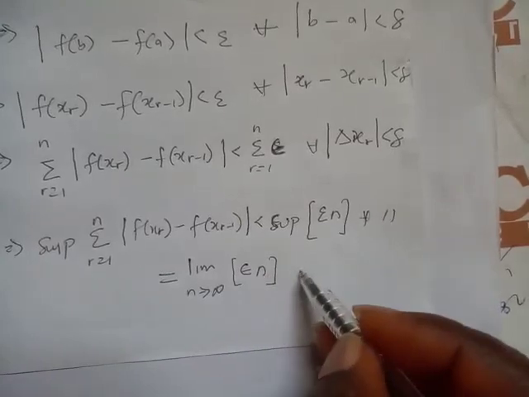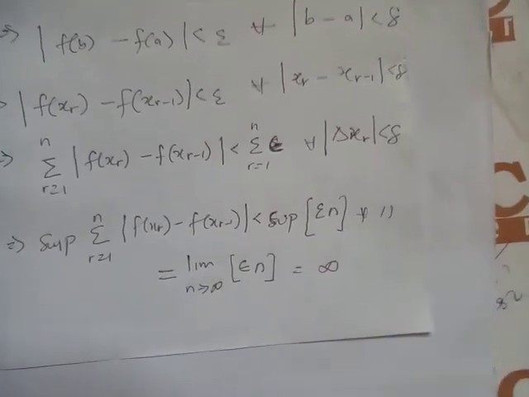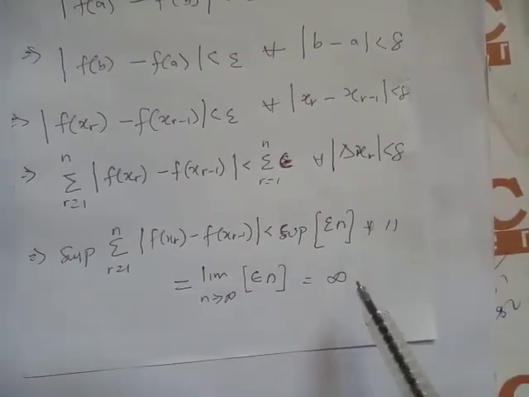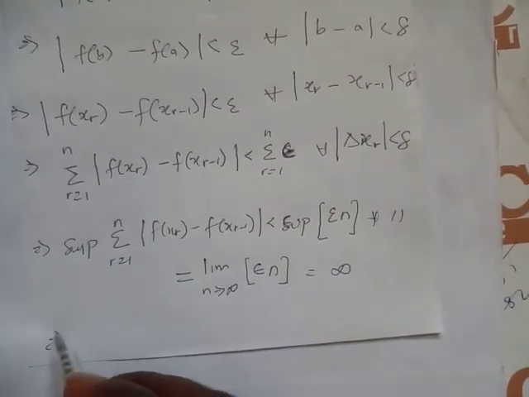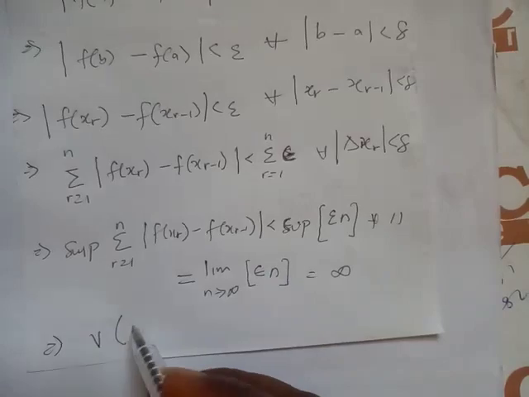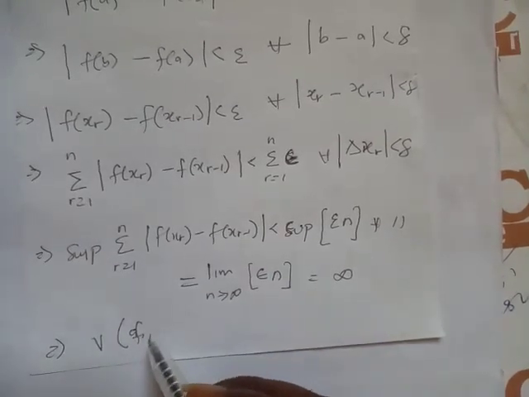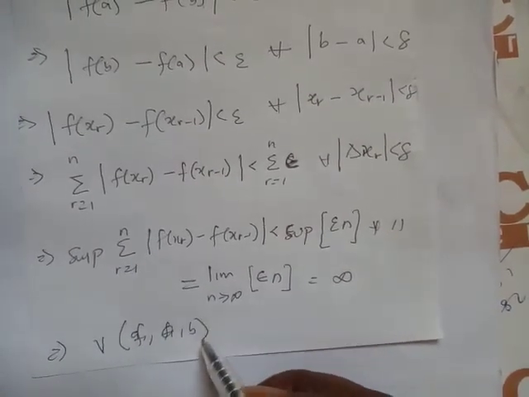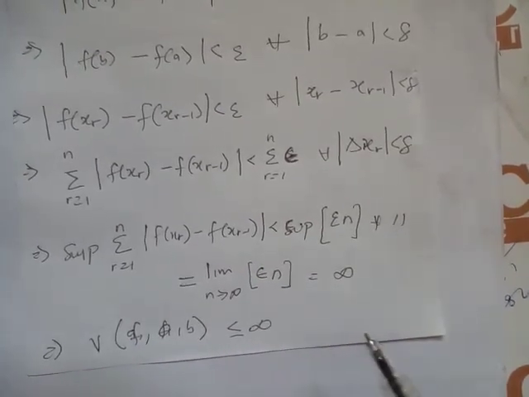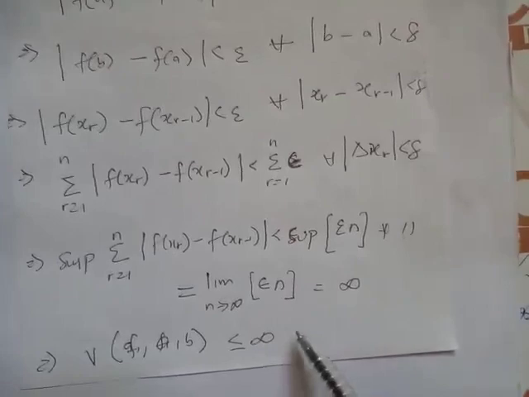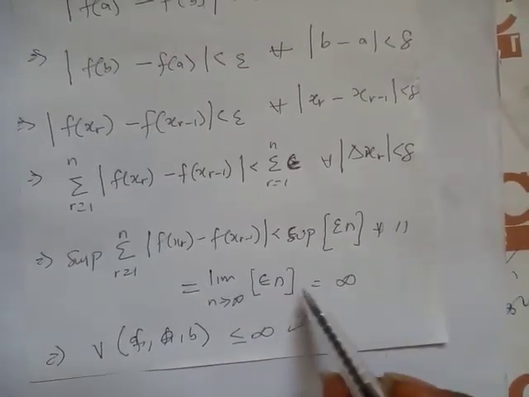So as n tends to infinity, this will be infinity. So you see that this expression is not finite. Though we have less than here, I can write this thing as V of f on a, b. So this is less than or equal to infinity, because here we don't know the kind of value it may give.